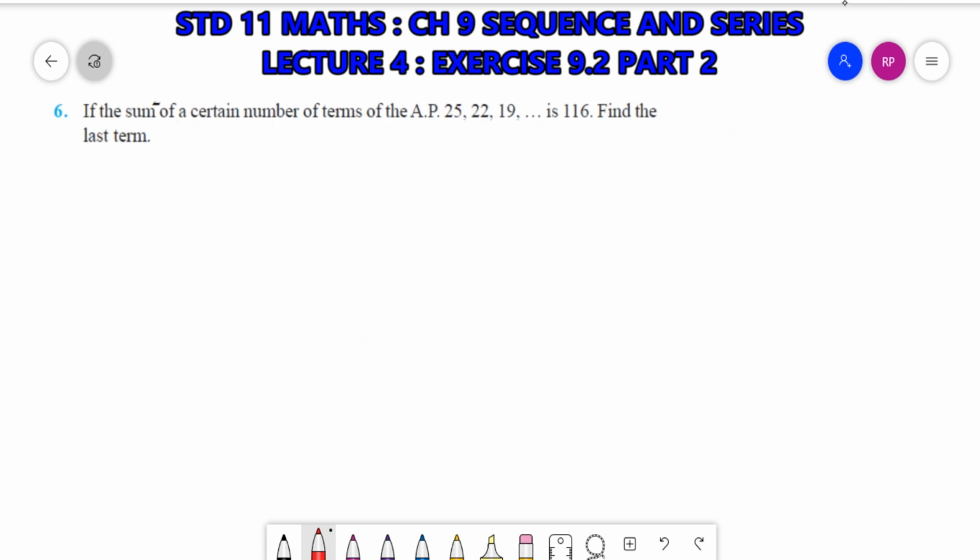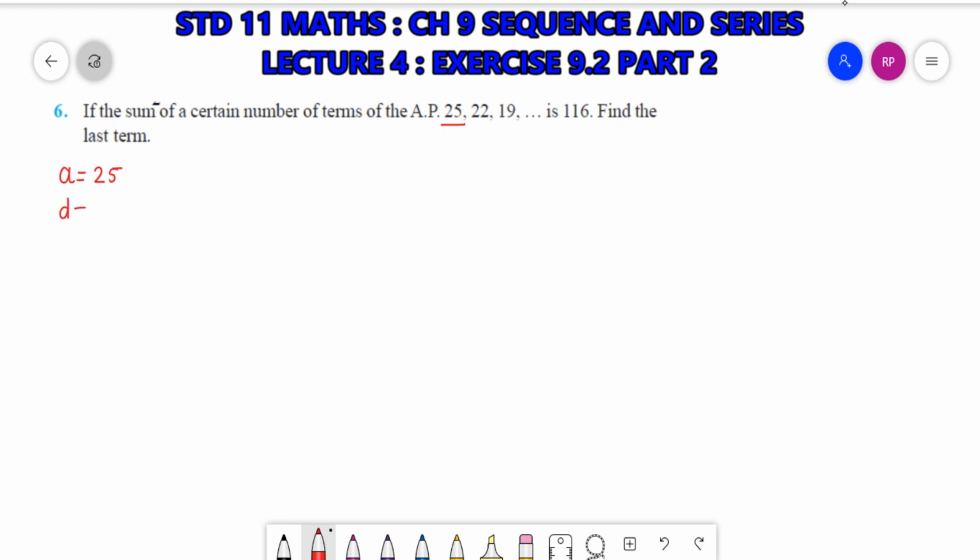Question number 6. If the sum of a certain number of terms of the arithmetic progression 25, 22, 19, and so on is 116, find the last term. So see, here you can see that the first term a is equal to 25.